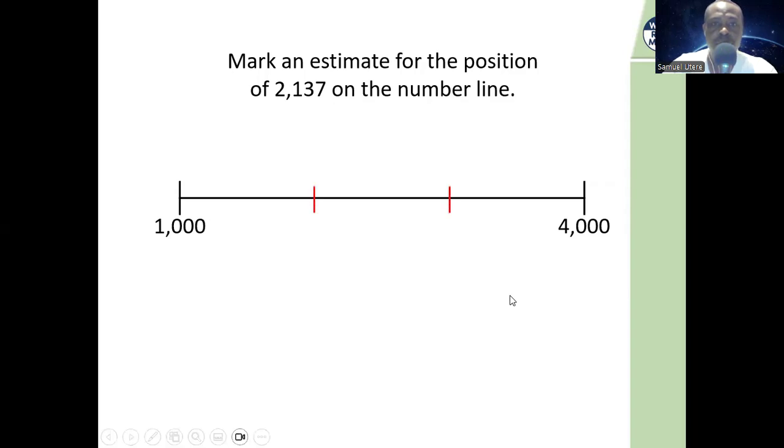That is our beginning, the start. So if we put that information, this is what we have. Now, we know that 2137 is going to be closer to 2000 than 3000. So we can just put that there.